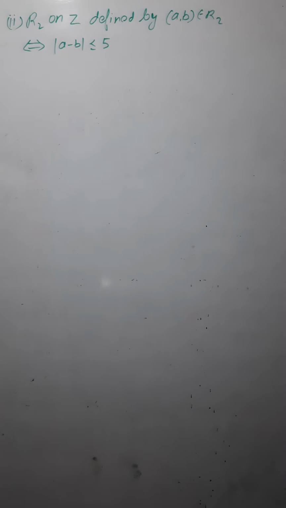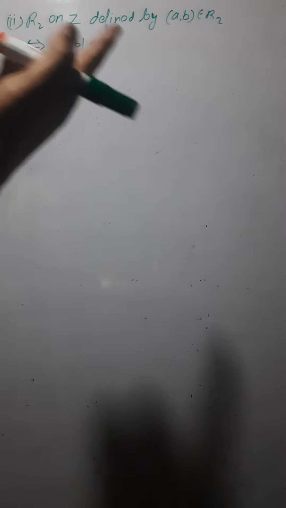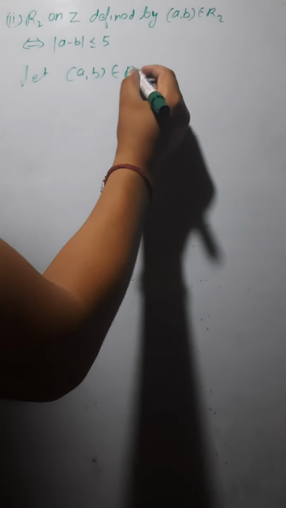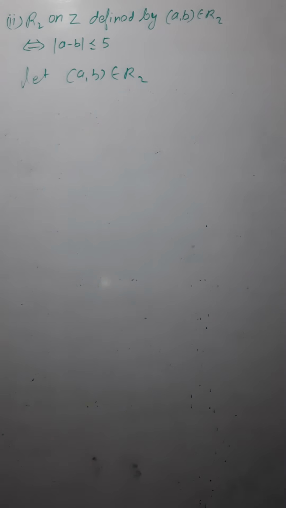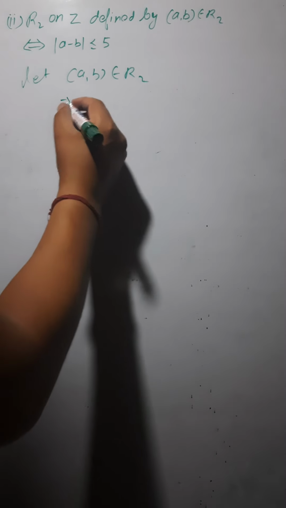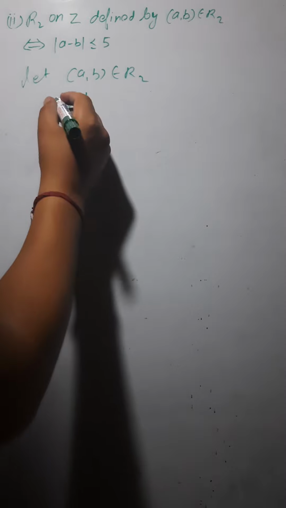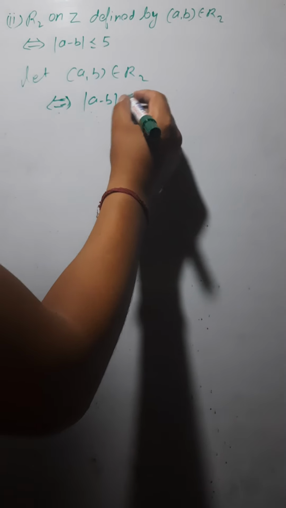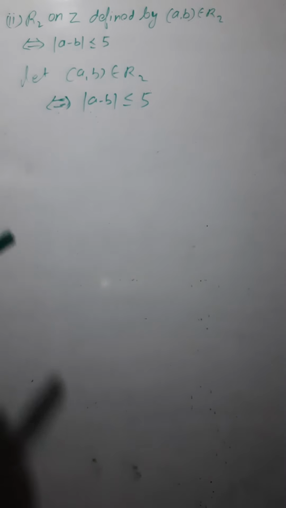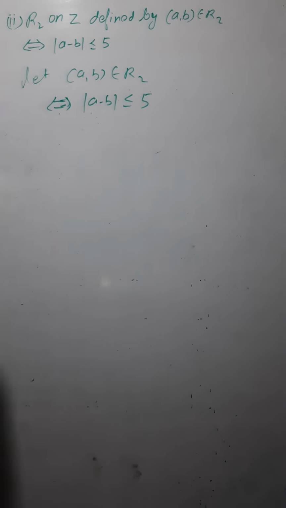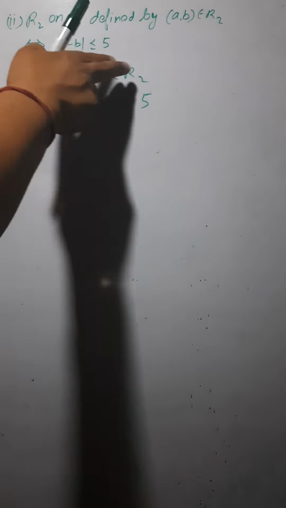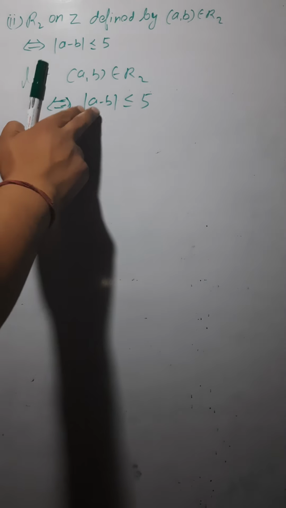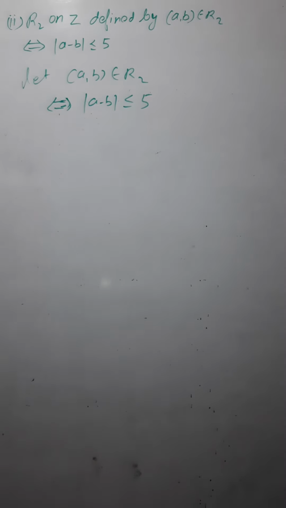To check whether it is symmetric, let (A, B) be an ordered pair in R2. It implies that the modulus of A minus B is less than or equal to 5.